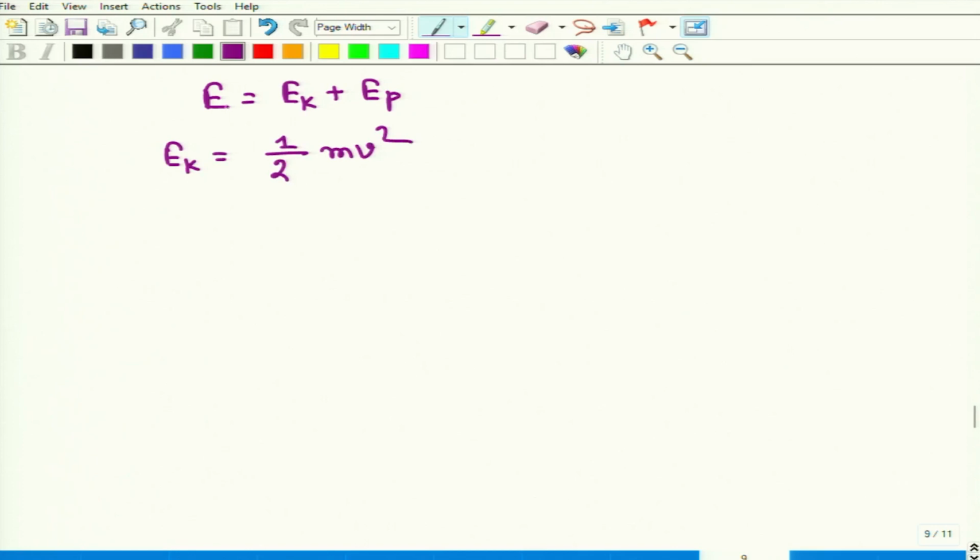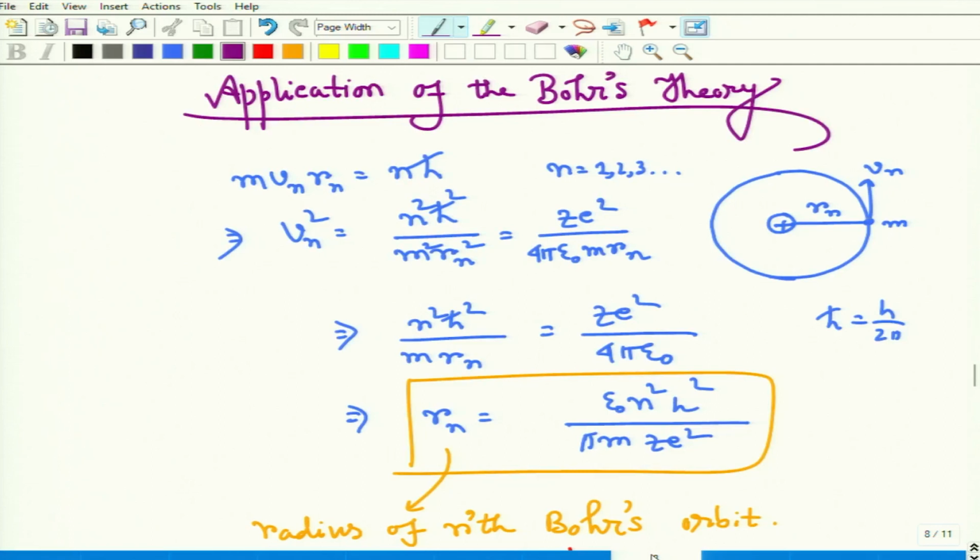As it is the nth orbit, we should add n. So let me write it like this: En equals Ek plus Ep, the general case. And what is the form of Vn? There are two forms, but we need to put the value of Rn.